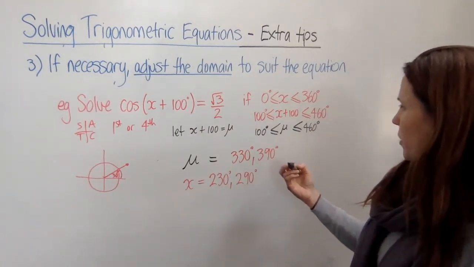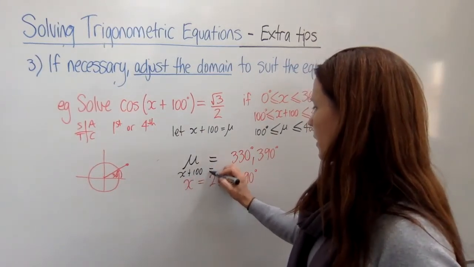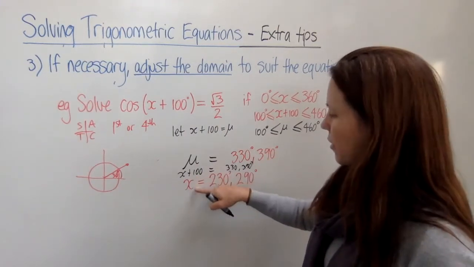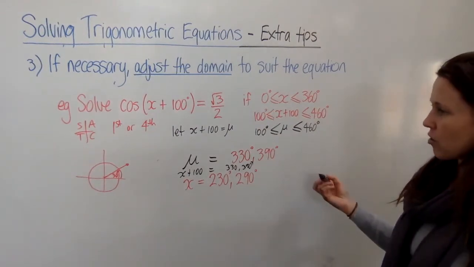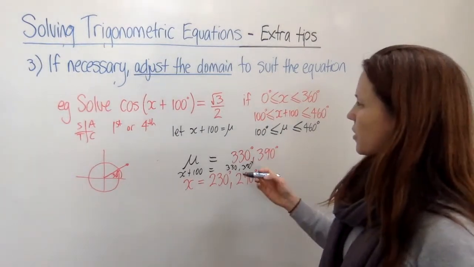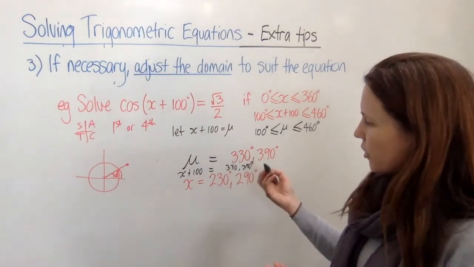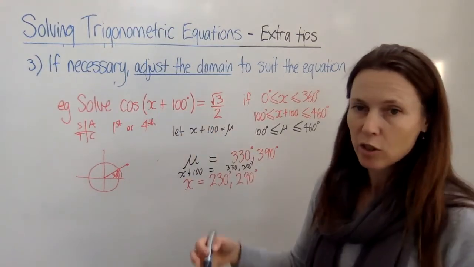Then they would have probably had another line in between that said, therefore, x plus 100 equals, and written those same 2 numbers down, and then they'll halve it. It's an extra step, so some of you might not feel like it's strictly necessary, but you can see that it just keeps it nice and clear what you're finding the cos of. You don't need to do it as long as you make sure that what you're writing down here is actually x plus 100, not just x.